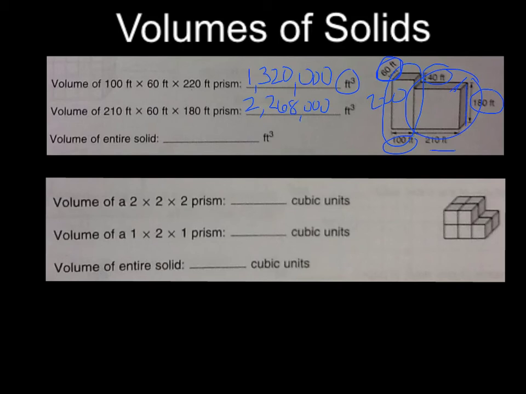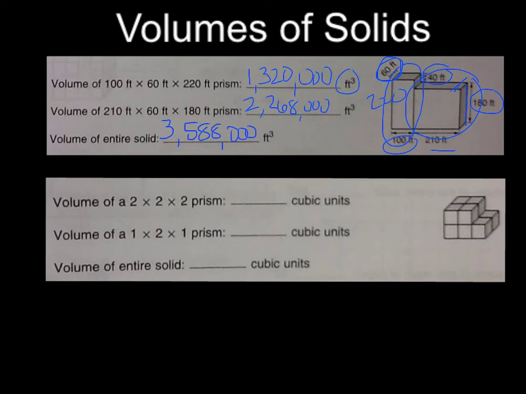My last step for solving this problem is to add the answers of both of the problems I've already solved together. When I add 1,320,000 to 2,268,000, I get 3,588,000. This is my final answer for the volume of this entire figure.